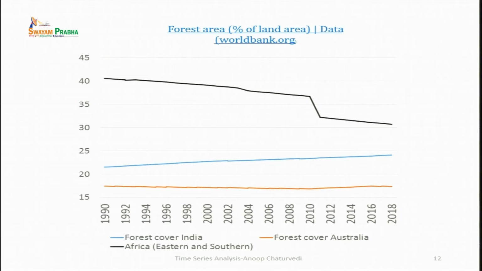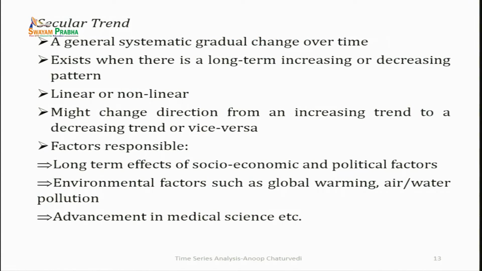So, the kind of information which we get from the time series data, you won't get from the cross section data. Cross section data can compare the figures of 3 countries for a particular year, but on the basis of time series data, you get the information whether the data have some increasing or decreasing trend or not. Now, we come to the secular trend component. We consider this component in detail.